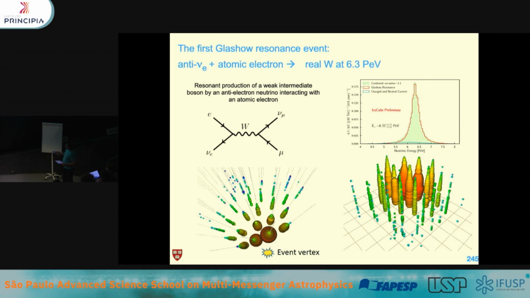You can see this from the top view. So the interaction point was actually on the side of the detector. This event, we call it Hydrangea. Hydrangea is a flower. And the most likely energy of this event is very close to 6.4 PeV, which, as you remember from lecture maybe 1 or 2, is the energy that you require for a neutrino to make a W on shell.